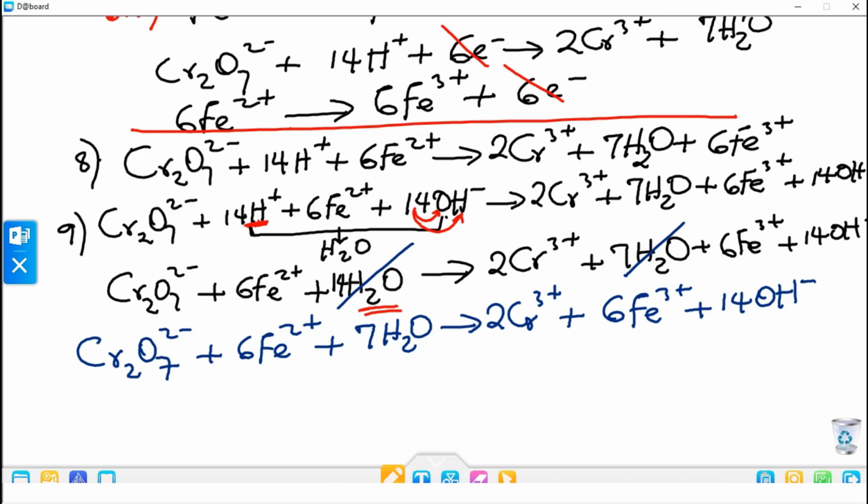When OH meets H plus, it's simply going to form water. So we just balanced it with the appropriate number of water, and then water cancelled out each other at the left and the right hand side, and we have what is left as the equation for that reaction in a basic medium. So this is how to balance redox reactions in basic medium.